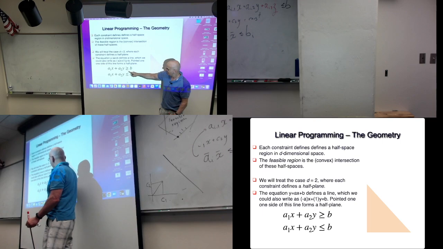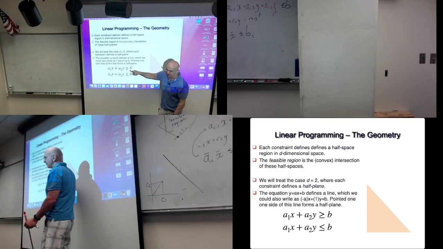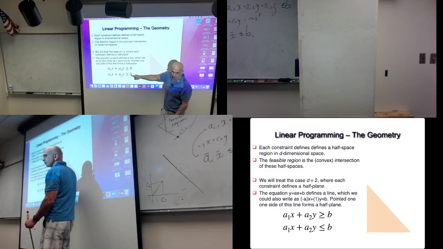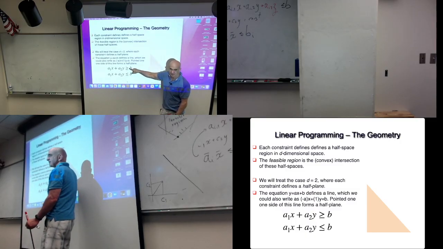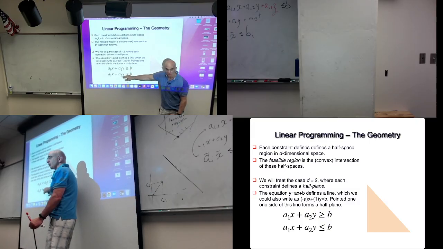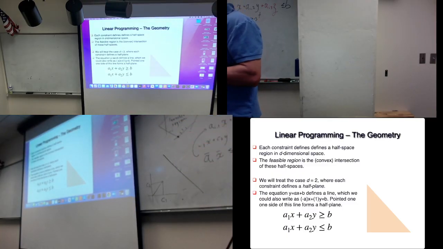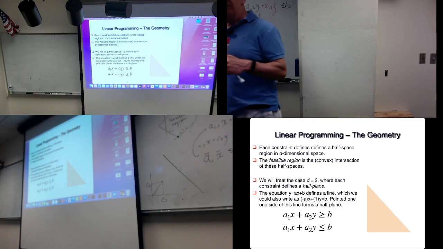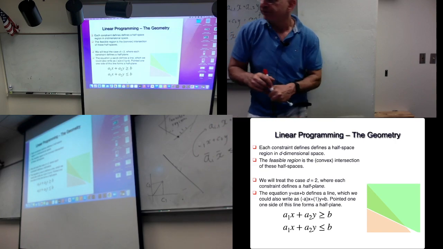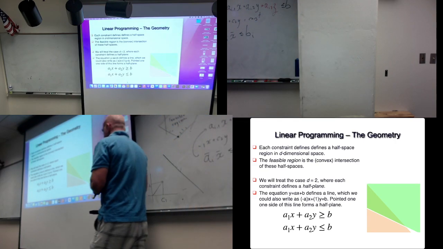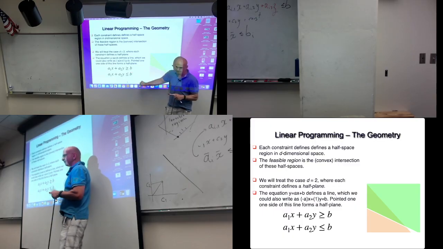That would mean, for example, that you have to get at least some amount of vitamin I. This one would mean that you should not consume too much of vitamin I. You can always take this type of constraint and make it into this type by multiplying both sides by -1. But what happens when you multiply both sides by -1? Then the direction of the inequality switches.